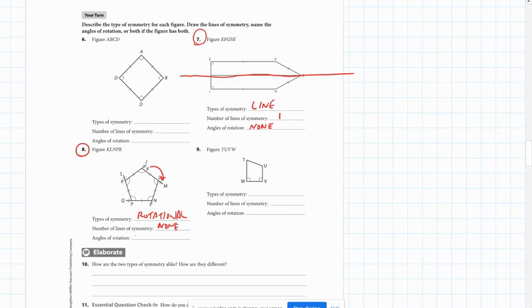And the angles are, since this has 5 parts coming from the center, 360 divided by 5, which is 72. So we have 72, 144, 216, and 288. Those are the 4 different types of rotational symmetry that we get.